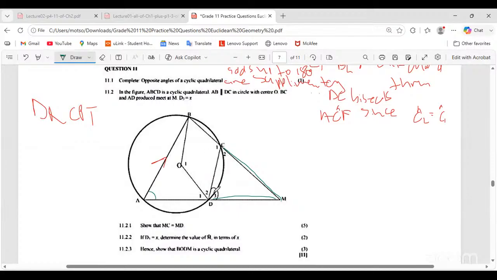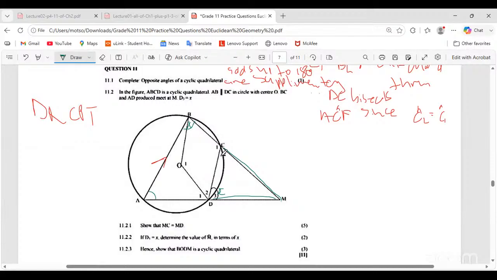How are we going to show that this angle is equal to x? Because we were given that this angle D3 here is equal to x. So this angle will be equal to x, that whole angle.